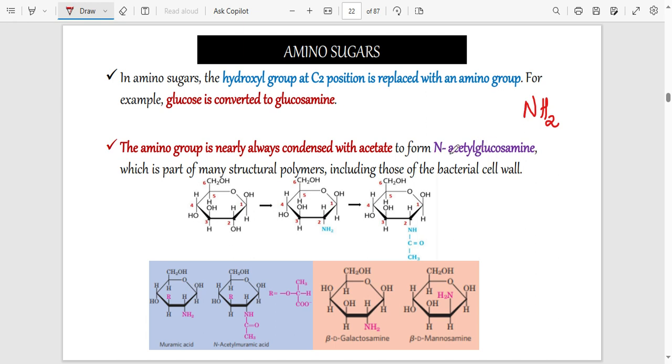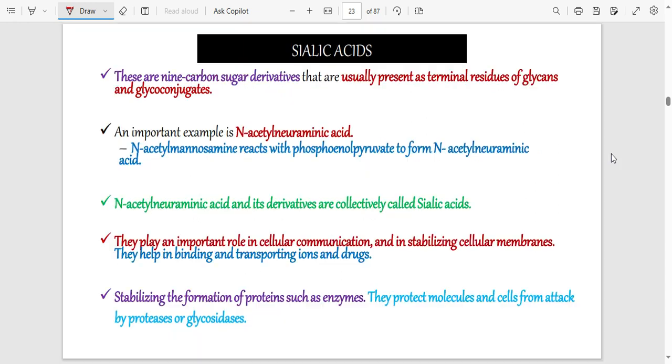Now, this structure is very important. N-acetylglucosamine is found in the structure of the bacterial cell wall. So the cell wall of the bacteria is going to be made up of N-acetylglucosamine. Hope that is okay.